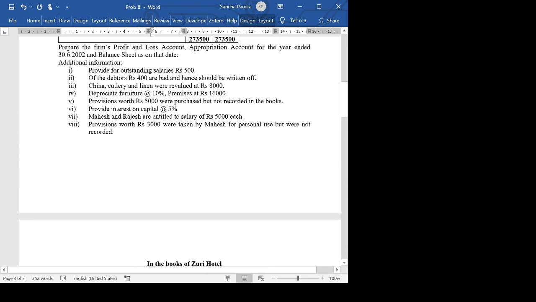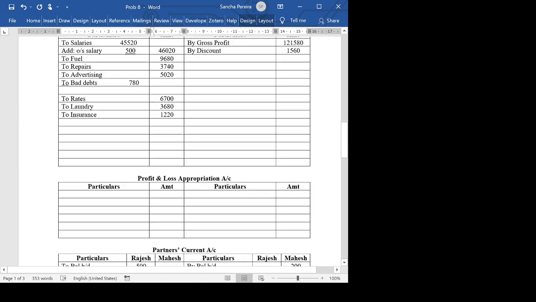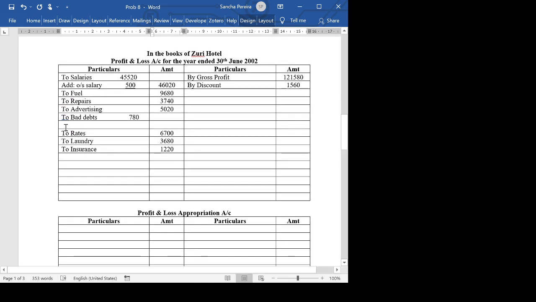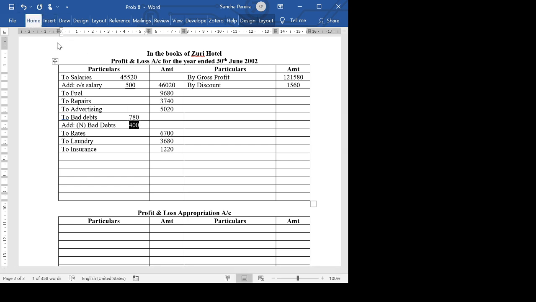Then we have, of the debtors, rupees 400 are bad and hence should be written off. So that's new bad debts. Besides the bad debts that we already incurred, we have further bad debts, new bad debts, 400. So that comes to 1,180.